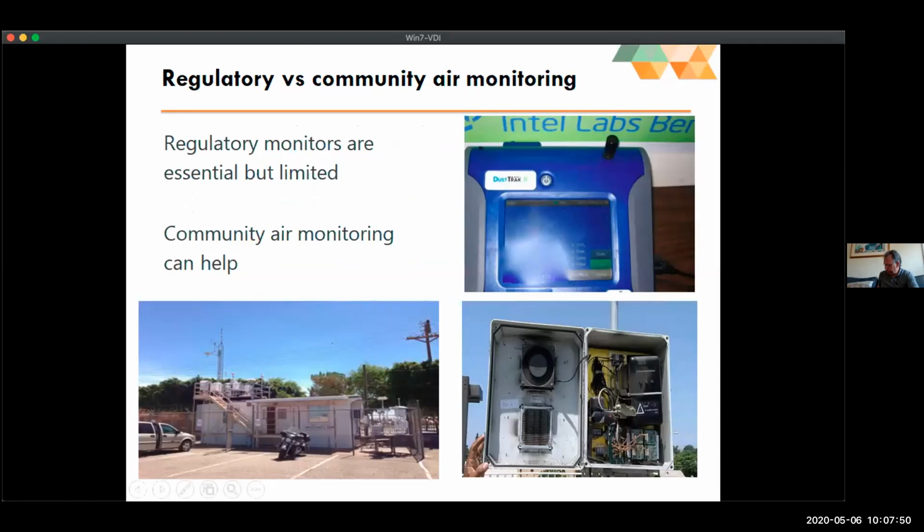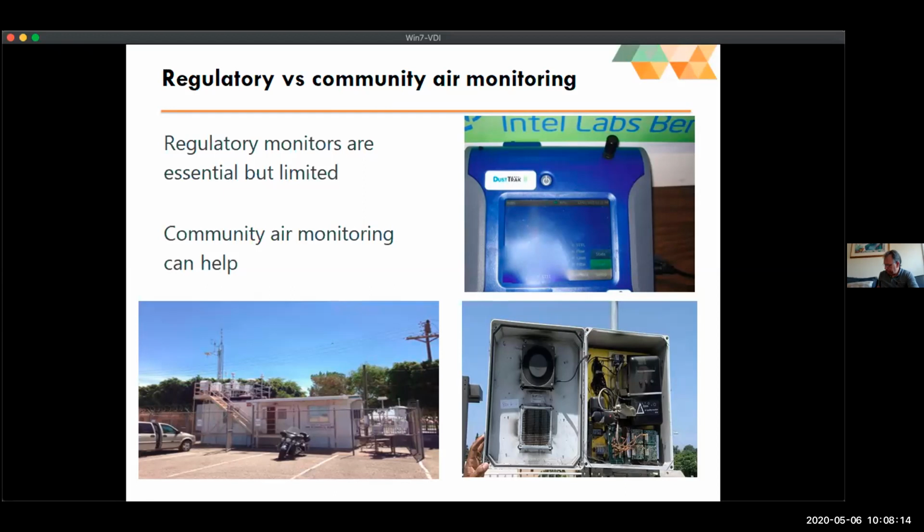So as I mentioned, regulatory monitors can be limited in terms of the kinds of information they can collect. They're of course essential to protecting health and air quality, but community air monitoring can help fill some of those gaps. So on the left, you'll see an example of an air monitoring station.